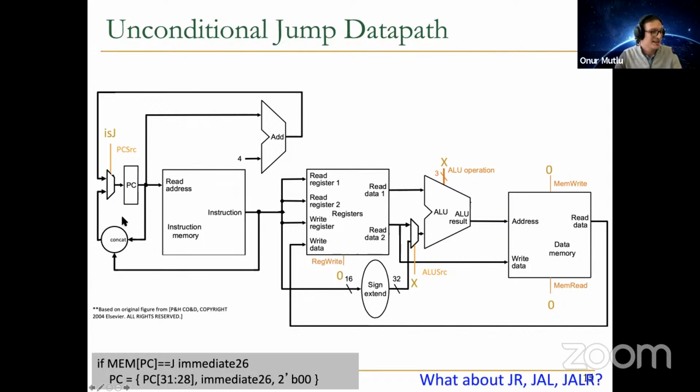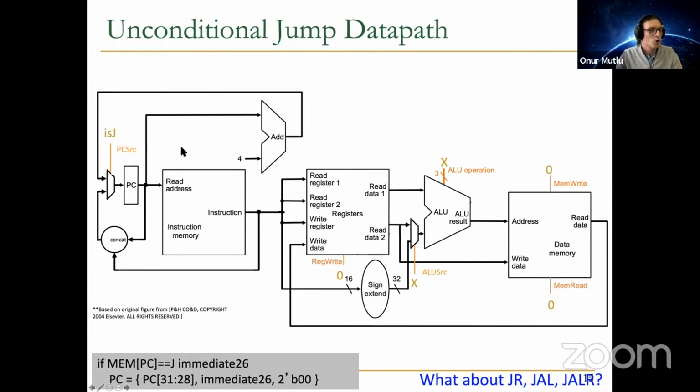So you need to be very careful to make sure that you actually implement what the ISA, the instruction set architecture, specifies. And you need to be even more careful when you implement other instructions like jump register, jump and link register, which we're going to see in a little bit. Okay, so hopefully this is clear.